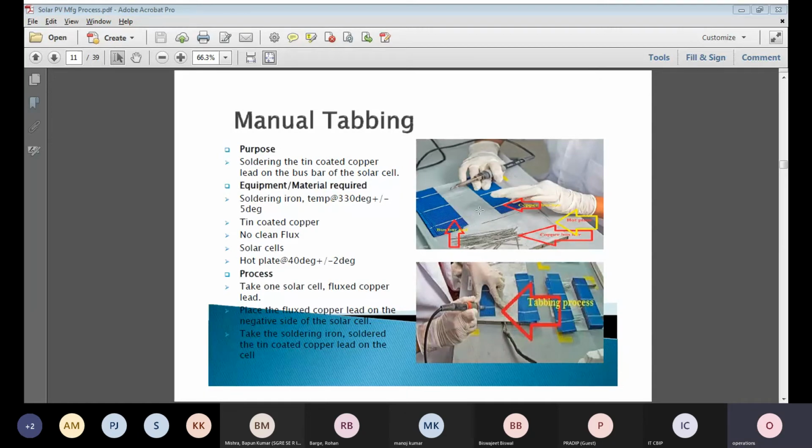In the solar cell, the blue color shows the negative terminal and below it is the positive terminal. We need to join positive and negative like that in a series connection.